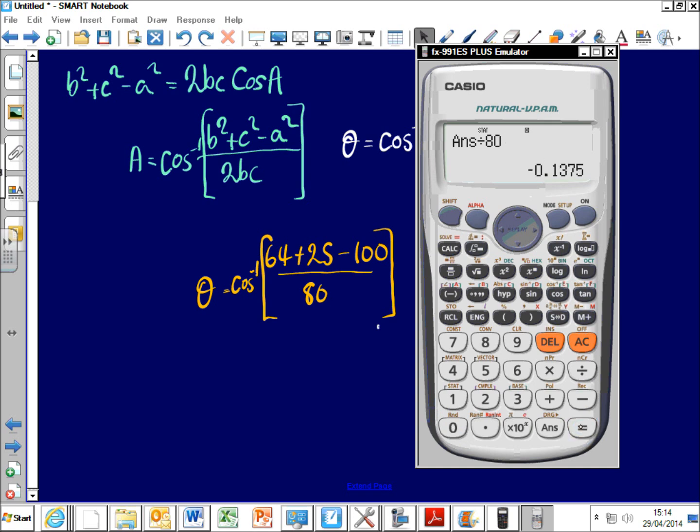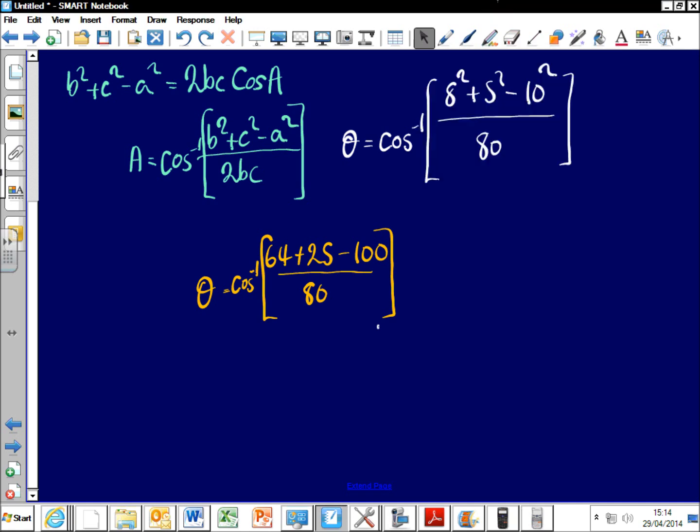Wicked. You've got to make sure this is in degrees, right? Okay, so inverse cos of the answer. Did you get that? 97.9. That's what you're trying to show, isn't it? That's good. Theta equals 97.9. Everyone managed to do that?